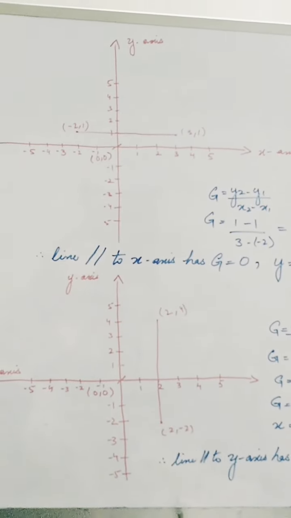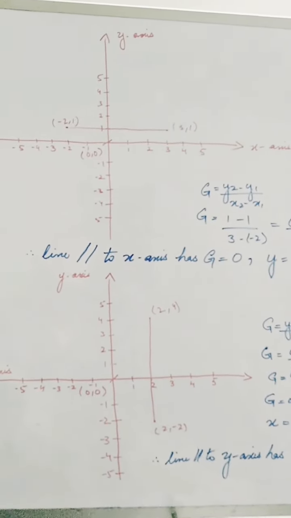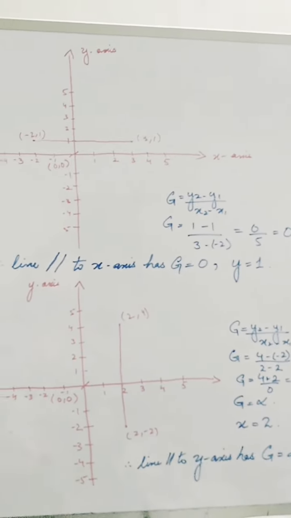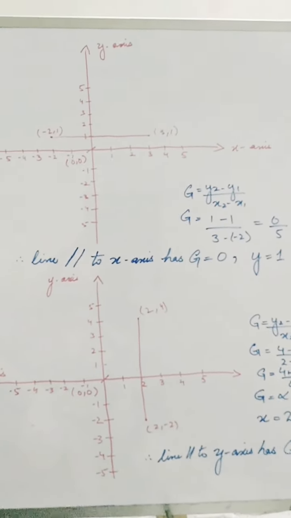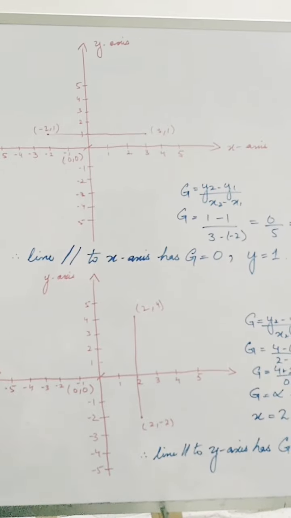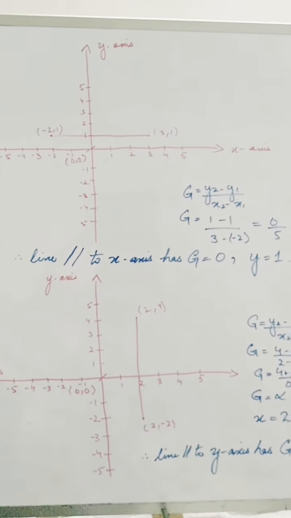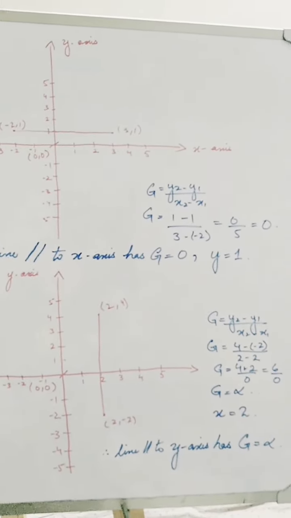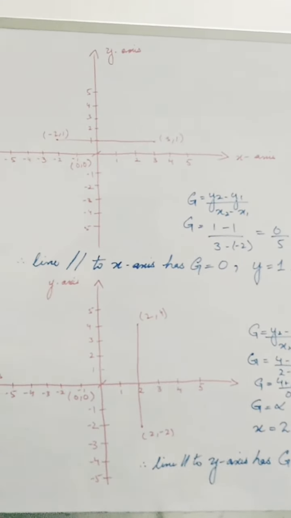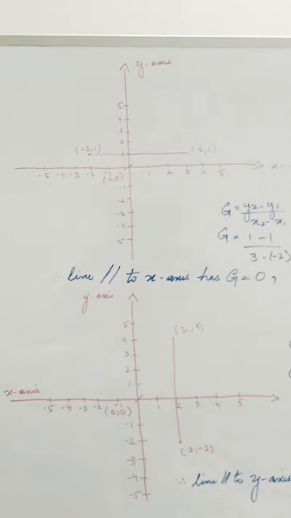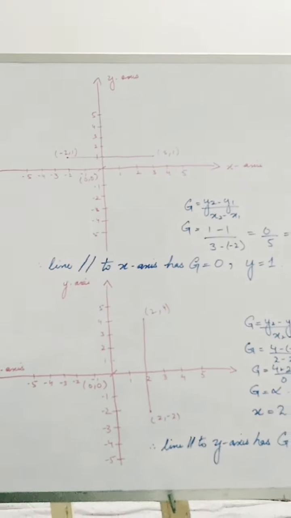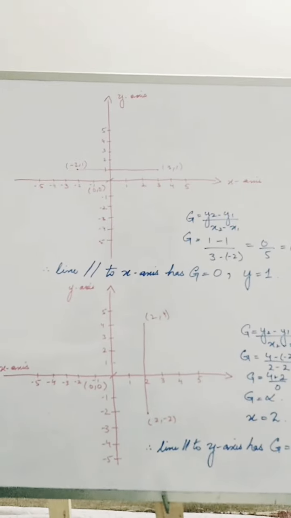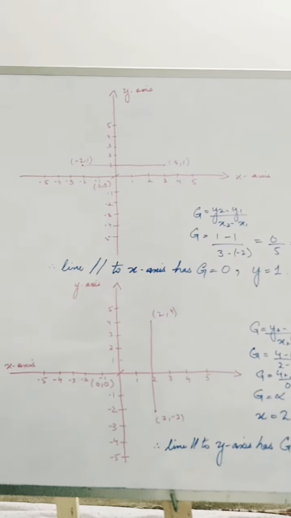Now we are going to solve the questions, and once we come across these types of equations, we have to remember that the gradient of the line which is parallel to the x-axis is 0 and the gradient of the line which is parallel to the y-axis is infinite, which we have proved by using the formula as well.